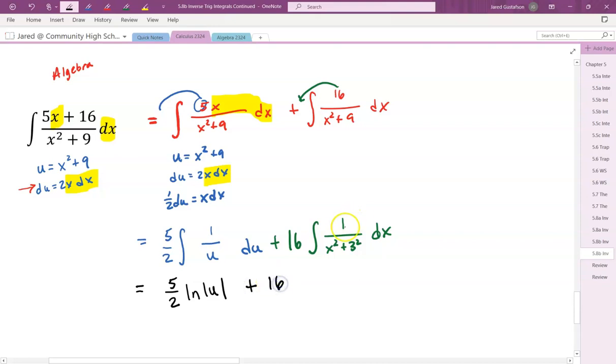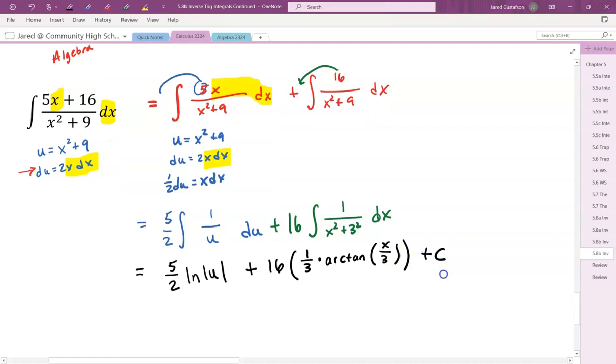Plus 16. What is that the framework for? That's an arctangent answer. Remember, with arctangent we do 1 over a times arctangent of x over a, and we need a plus c at the end of that.